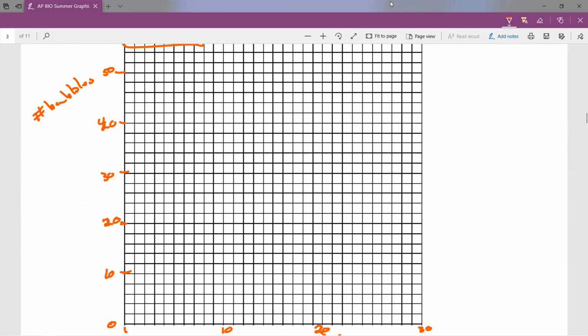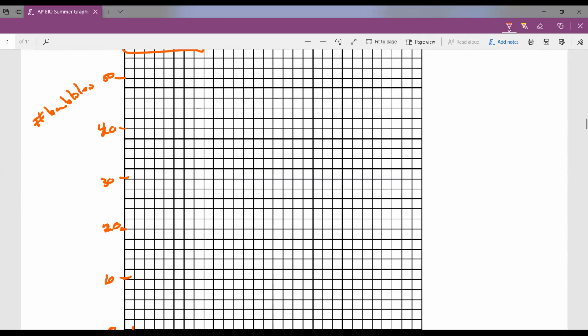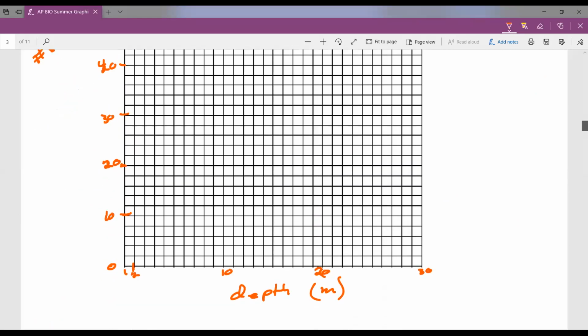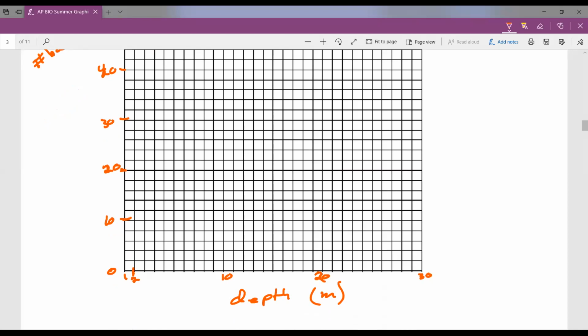So in the first column, our first number is 2 for depth. Is that correct? Yes. All right, so there's 2. And what's our second number for depth? Sorry, that's 5. 2, 3, 4, 5 is right here. And the next number? 10. So that's right there.